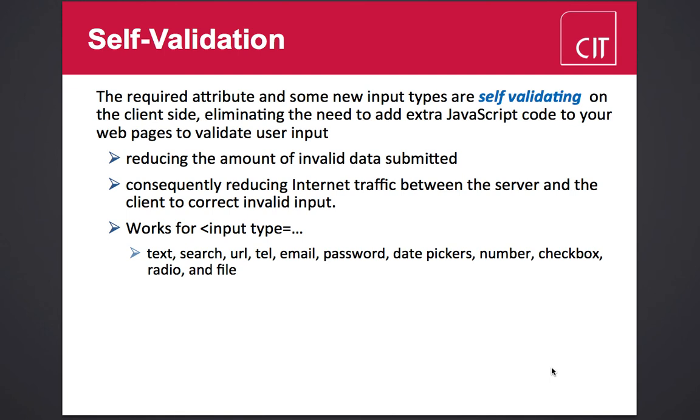So if, for example, you're expecting an email address and the user types in something that doesn't have an @ symbol, well then it's not going to accept it and it won't send it off. There's very little point in sending off to the PHP server or whatever server you're using something that can't possibly be right. Okay? There's no point in sending it.